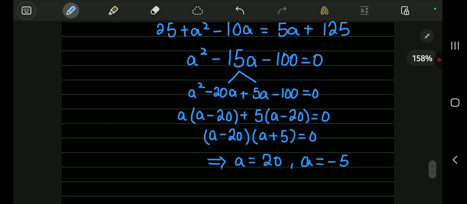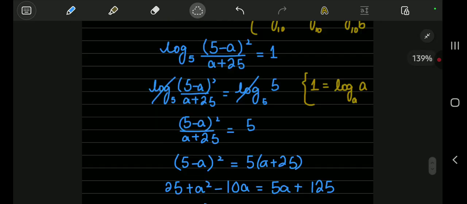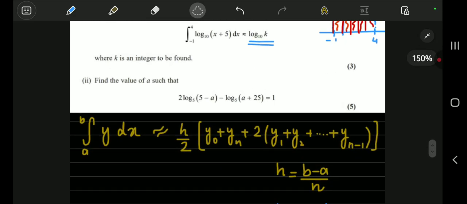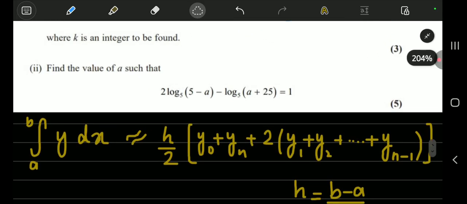Okay, now how do we check the values? We need to check a equals minus 5 and a equals 20. For 20, it will be 5 minus 20, so it will be minus 15, so the log of minus 15 appears, and 20 plus 25 gives a positive number, which is fine.